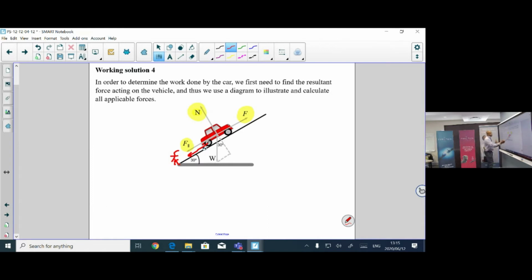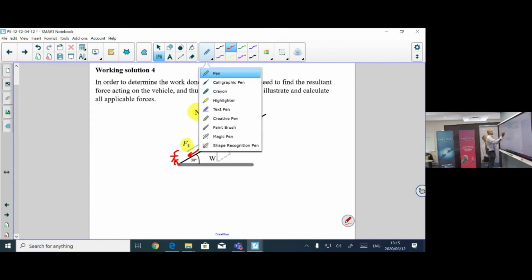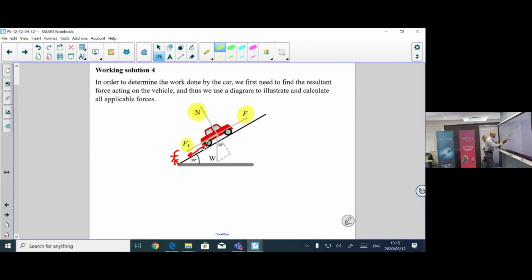Okay, now we have to look at the weight. This is your weight. Weight all the time is the one that is pulling the object downward. Why? Because of the gravity.